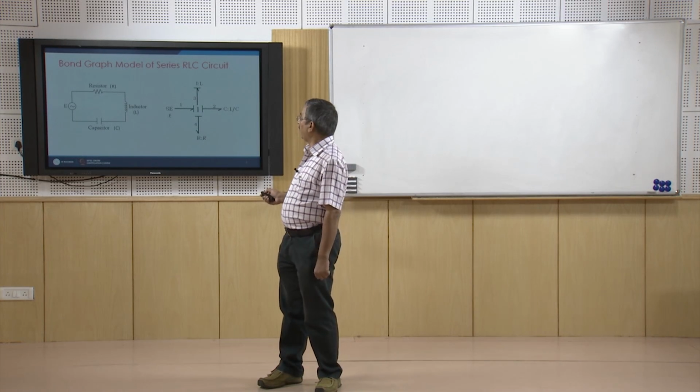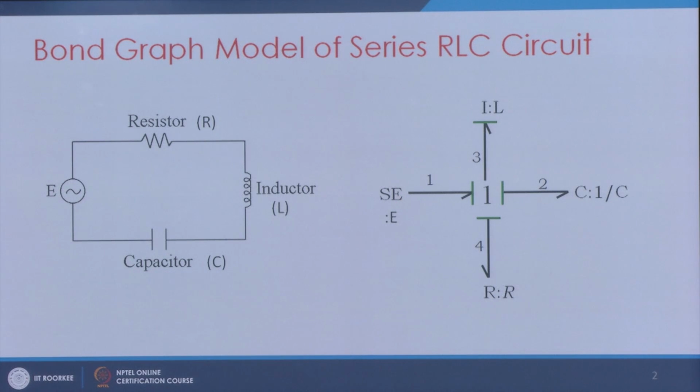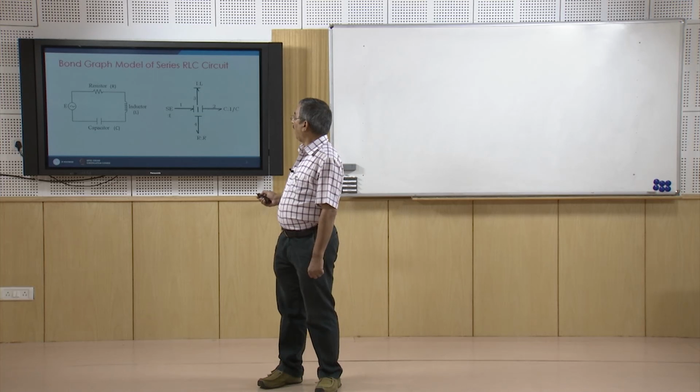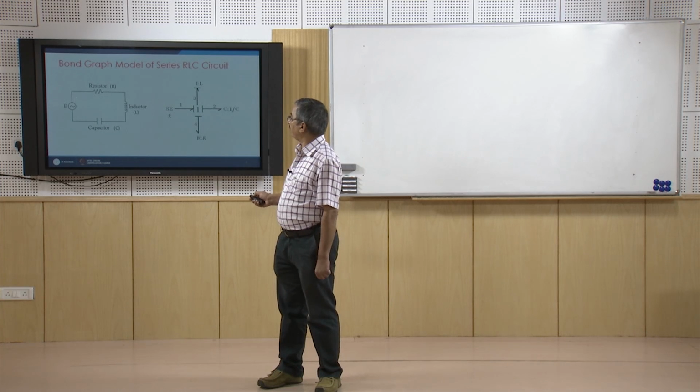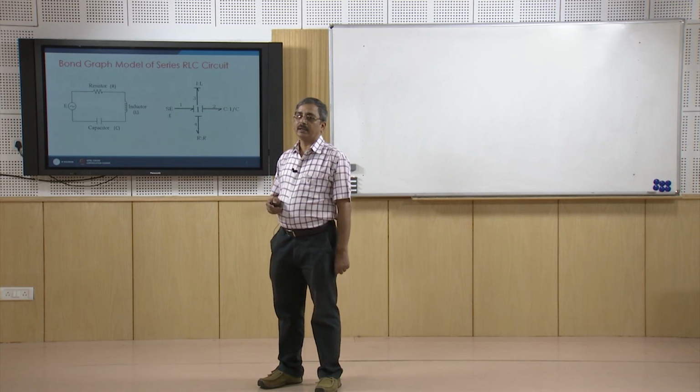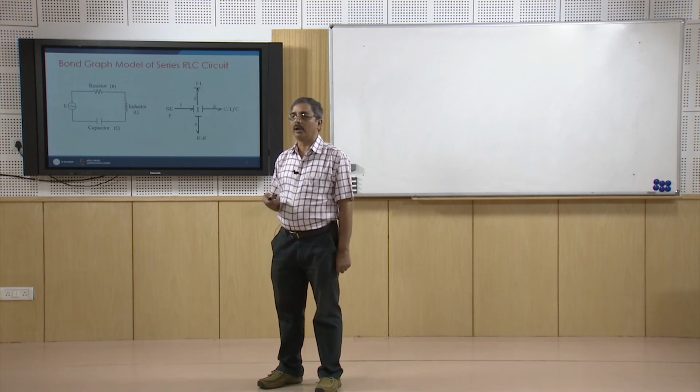So, here we identify the source, a resistor, an inductor and a capacitor. We mark how the power flows through these elements, and then we put the constraint, which here is the same current through all the elements.